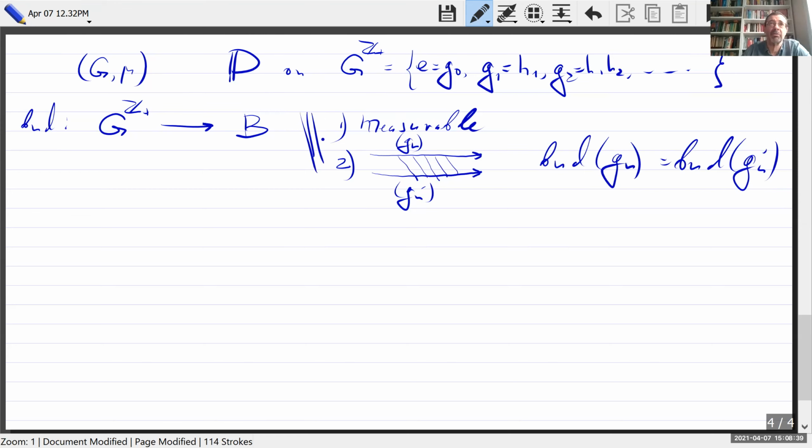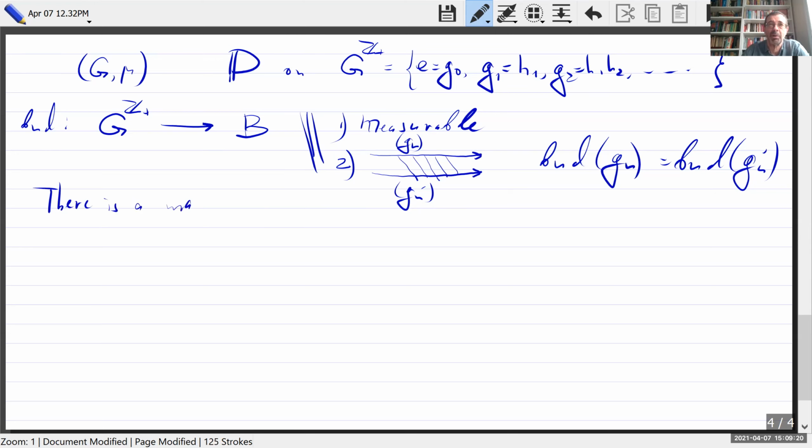Okay, so these are two very natural properties. And in a sense, they're really the minimum of what one can require from a boundary map. And now it turns out, and this is the advantage of working in the measure category as opposed to the topological category, that there exists a maximal map which satisfies these two properties. Among all the maps from the path space which are measurable and have this property, there exists a maximal quotient map.